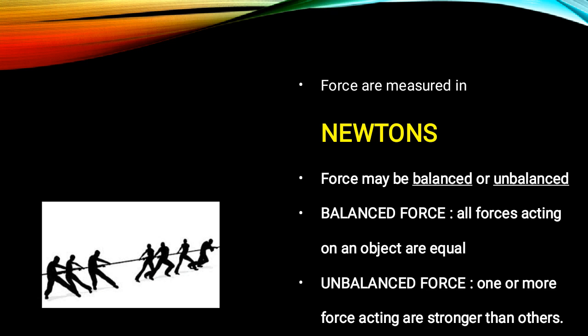So long as the forces applied by both sides are equal, that is, balanced, the center of the rope is static in spite of the applied forces. On the other hand, when the forces are unequal, that is, unbalanced, a net force is applied in the direction of the greater force, and the center of the rope shifts in that direction.